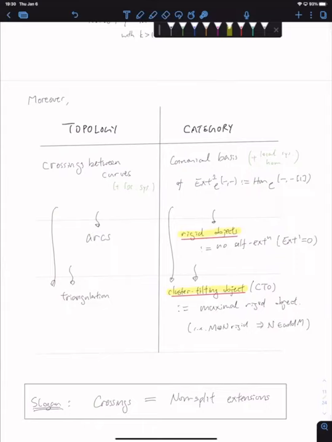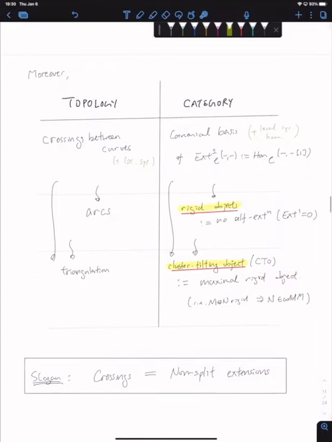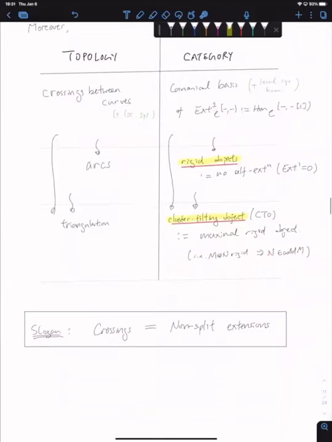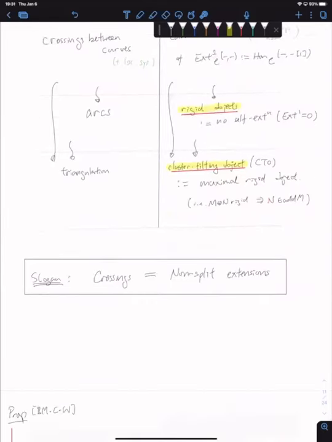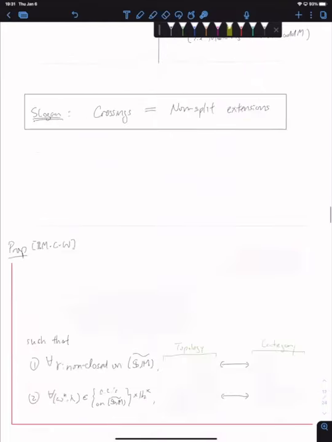When I say maximal, I mean if you throw in any more things such that the whole thing is still rigid, then the new thing that you throw in already appeared in the original thing. This is the definition I'll use to do things later. The whole point of saying this is that crossings correspond to non-split extensions. This will come back to us later.